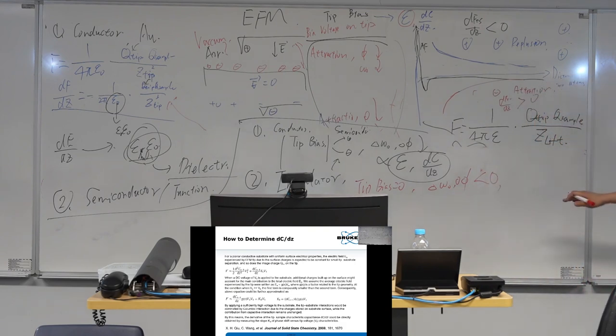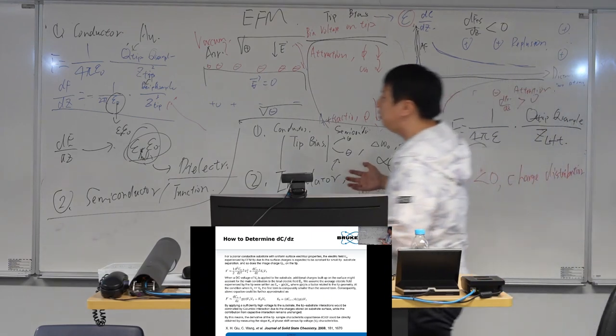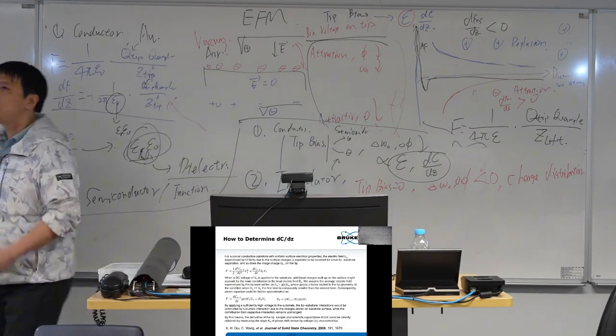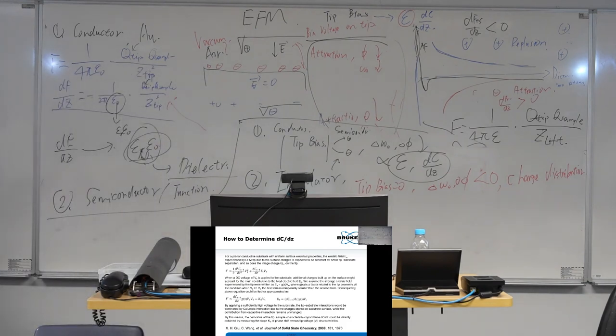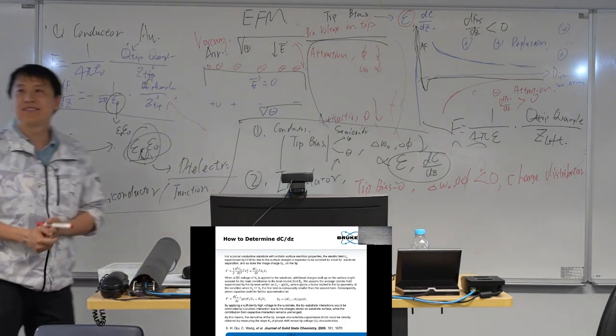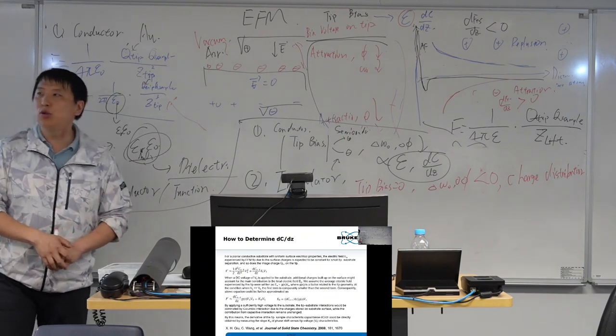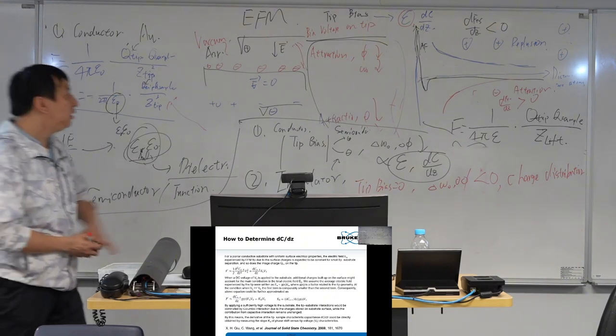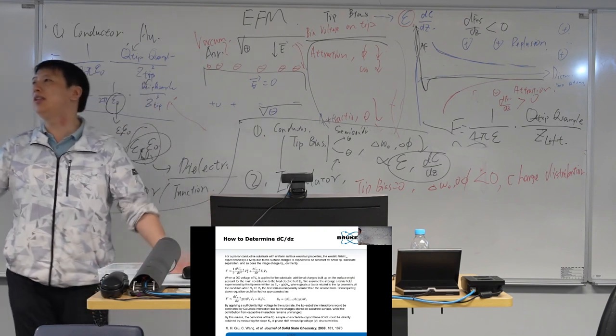And this gives us the charge distribution. Right? That's the idea of the EFM. So you can choose which setup is useful for your samples. Right? That's the way. Of course, if you want to distinguish between the conductor and the insulator, easy.